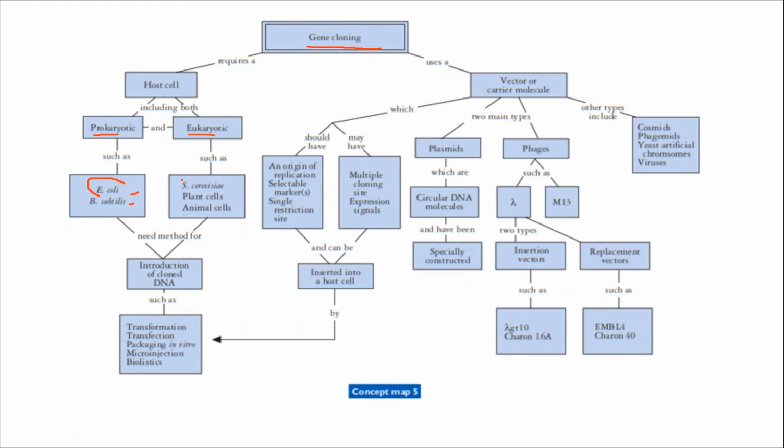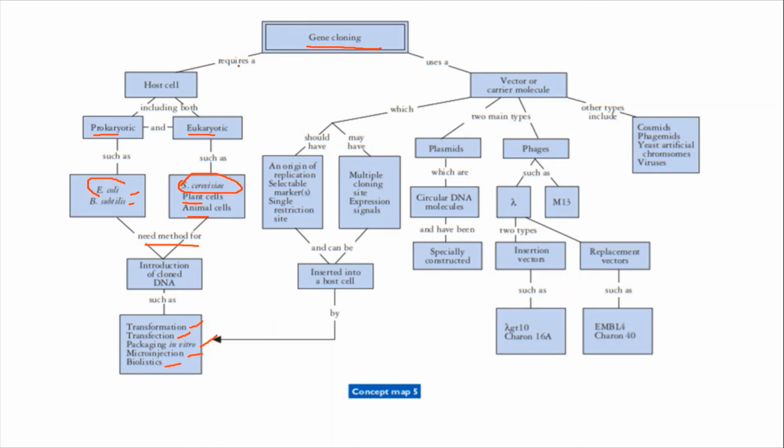These are the methods for introducing a gene into a host cell. Packaging uses M13 and T4 bacteriophage tools. Microinjection, biolistics, bombarding.